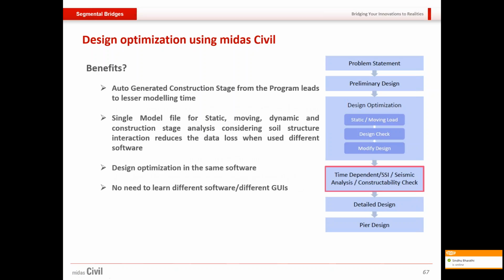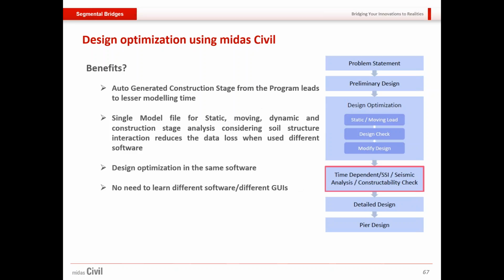Okay, so again, at the end, what we are looking for is benefits as compared to our existing methods. So the benefits are auto generation, single model file for everything, as said before. Design optimization, that is the most important part. You could optimize your entire model in the same file, and you do not need to learn different softwares or different graphical user interface.